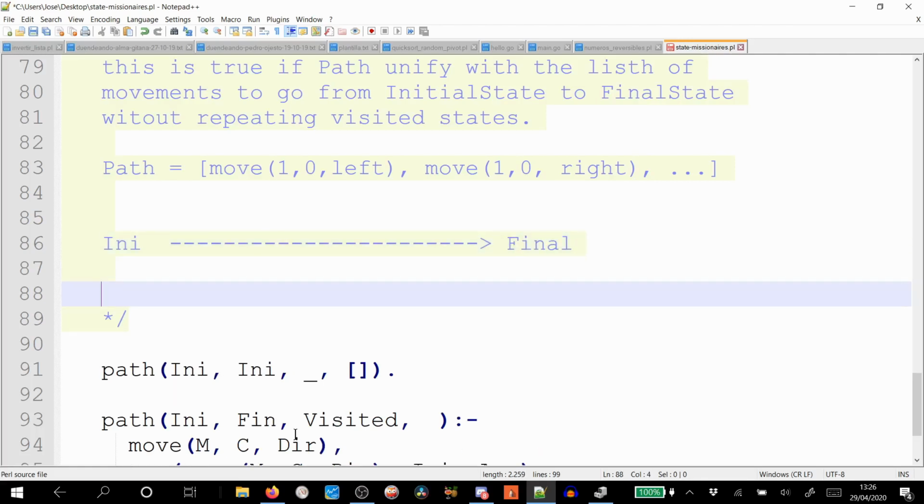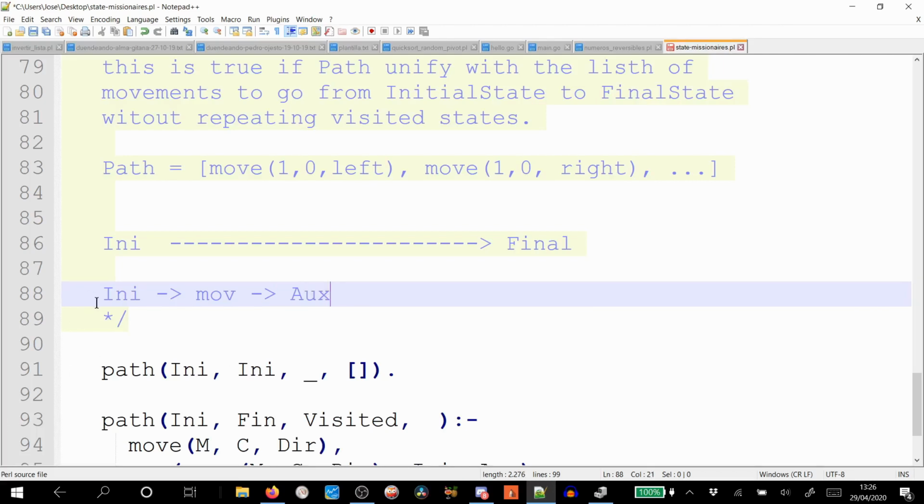Let's make a movement from the initial state to any position, any new state. Let's call this auxiliary, for example.